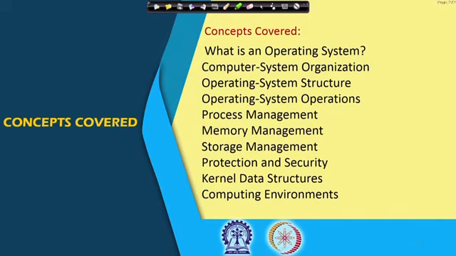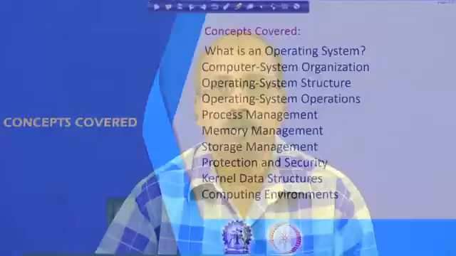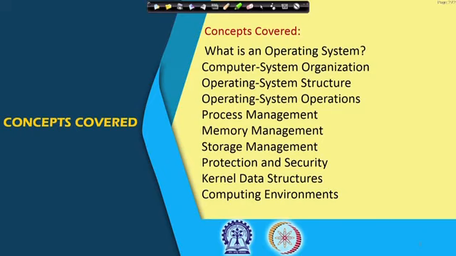Somebody looking from the user's perspective will define it from the user's perspective, and somebody looking from the system's perspective will give information in terms of the system perspective. So the definition of an operating system is going to vary.